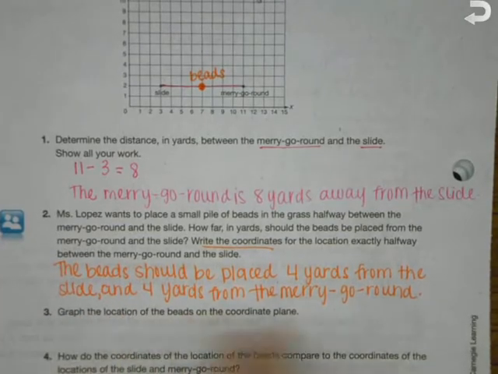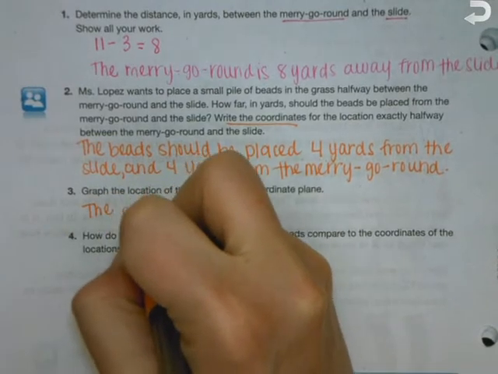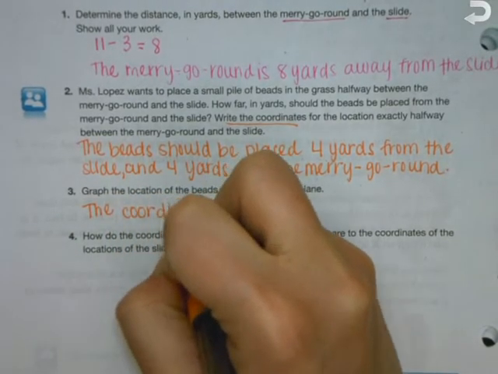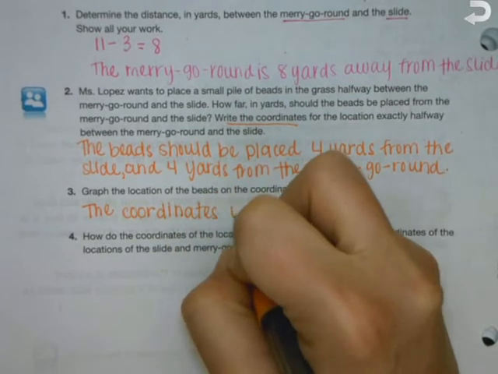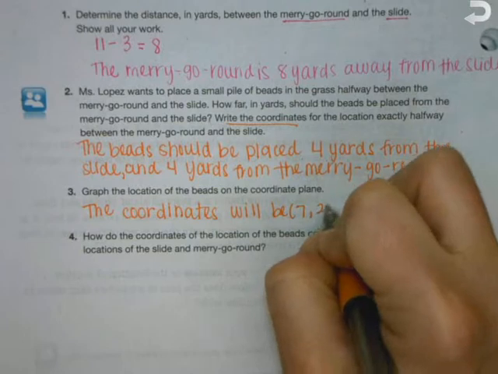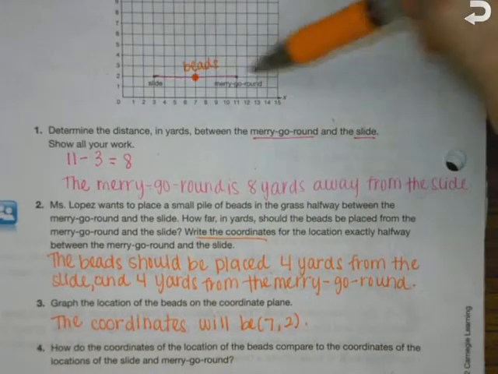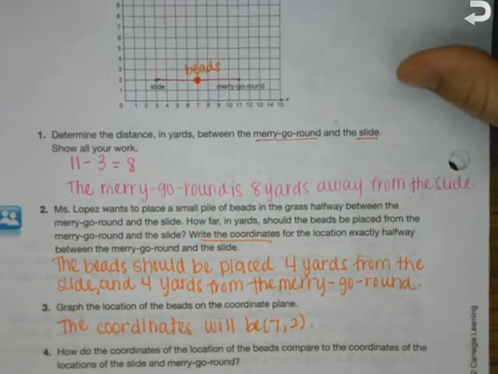I ran out of room in number 2, so because there's nothing to write under number 3, I'm going to put the coordinates there. So the coordinates will be 7, comma 2. Is everybody okay with that? That they're at 7, 2? Because the y coordinates need to be the same, but the x coordinates need to be different?